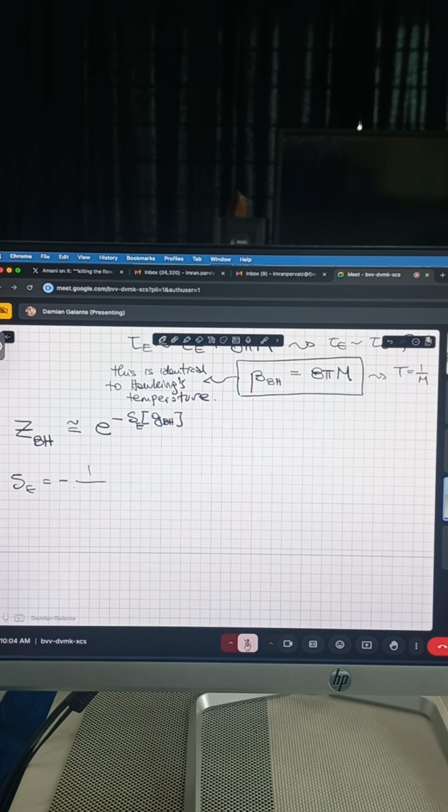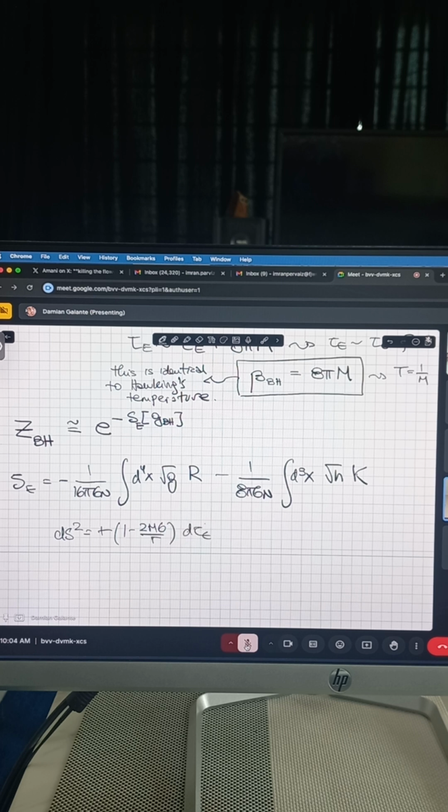S_E is equal to minus 1 over 16 pi G Newton, integral d4x root g R, minus 1 over 8 pi G Newton, integral d3x root h K. And we need to evaluate this for this metric: 1 minus 2mG over r d tau e squared plus dr squared.